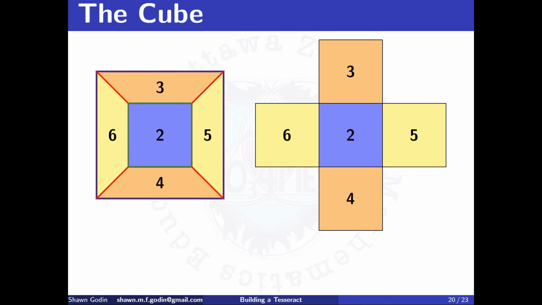For a nice symmetric net, I'm going to use this notation, which is a standard one. And this will help us understand the 4-dimensional one, because we're going to do the same construction in 4D.